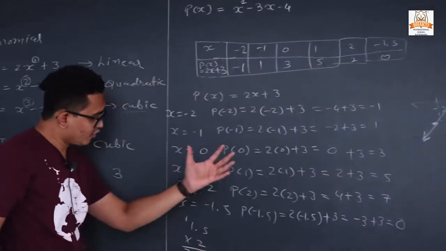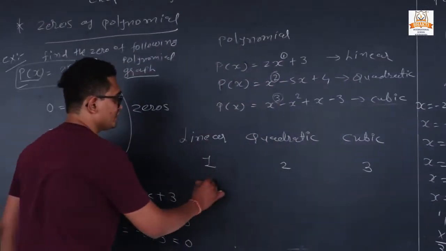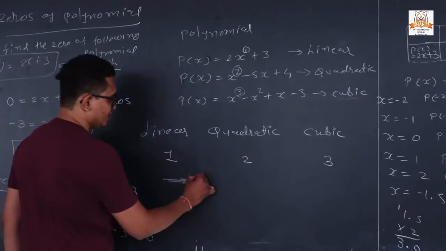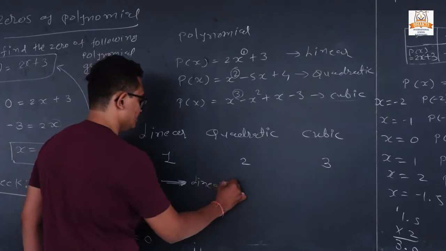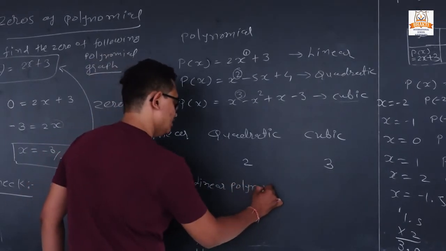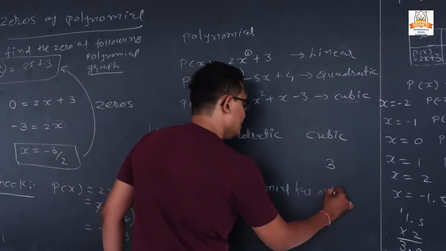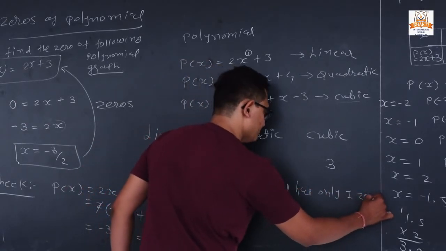So from the graph you can easily understand that the graph is always a straight line. From all that calculation you need to remember this. First thing, a linear polynomial has only one zero.